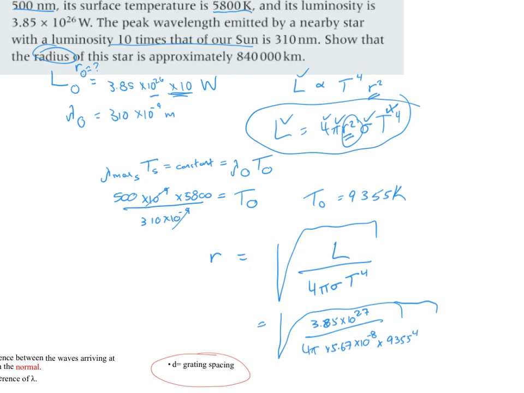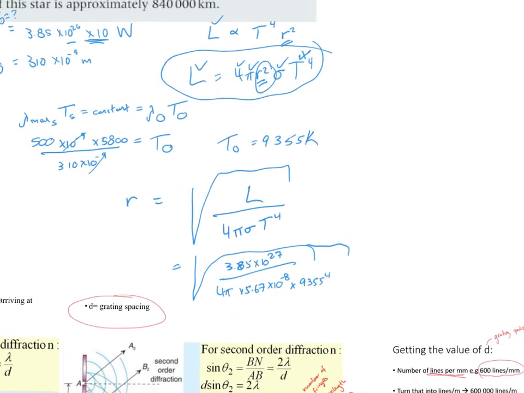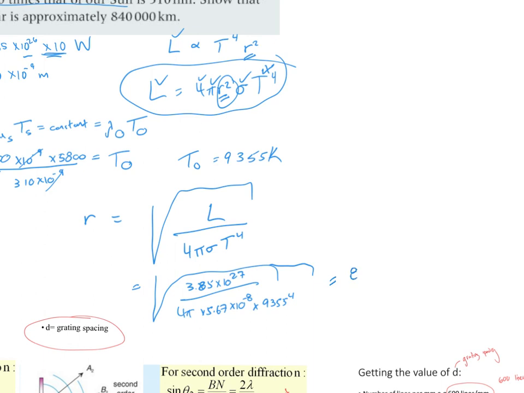And you will get an answer of 8.399 times 10 to the 8 meters, which is about 8.4 times 10 to the 8 meters. We know that kilo is 10 to the 3, so that will be 8.4 times 10 to the 5 kilometers, which is 840,000 kilometers, just like the question asked.